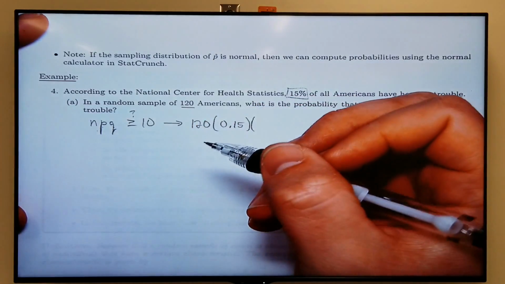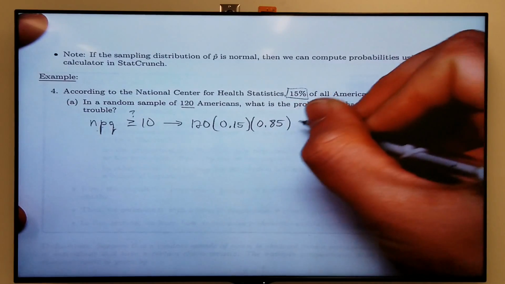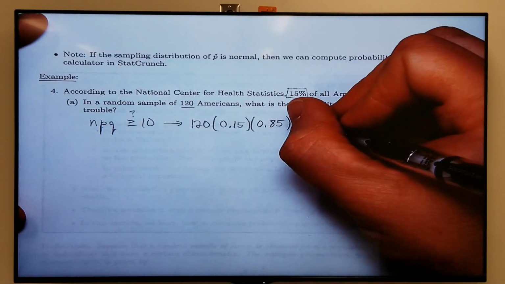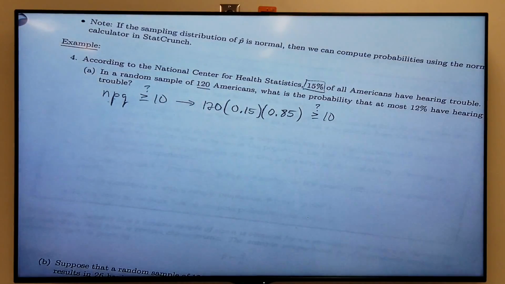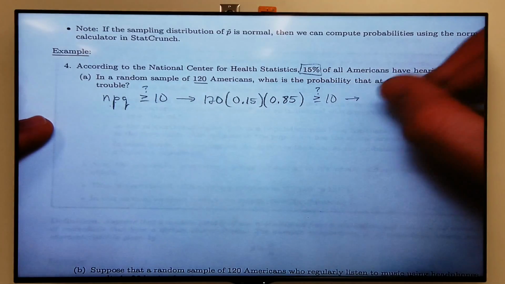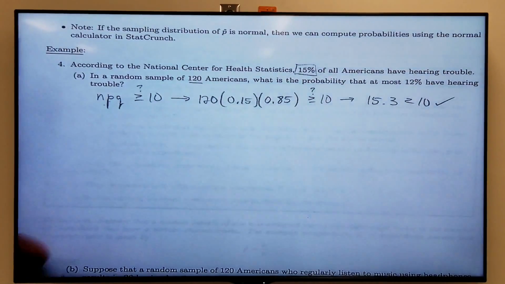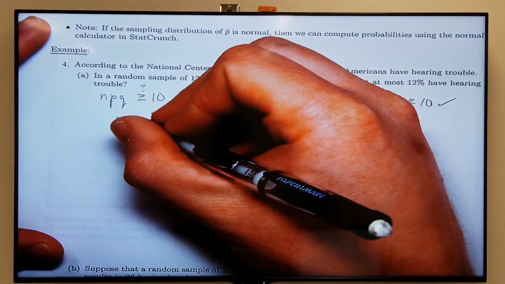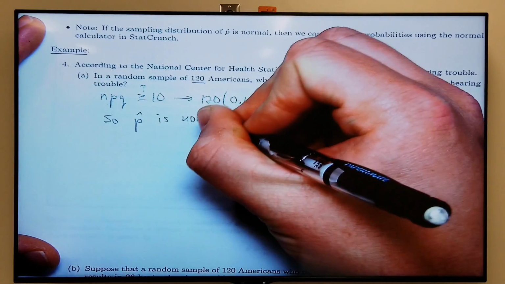So if p is 15%, that would mean that q would have to be 85%. We want to know if this is bigger than or equal to 10. Let's see. 120 times 0.15 times 0.85 is 15.3. That's definitely bigger than or equal to 10. So we're going to say p hat is normally distributed.